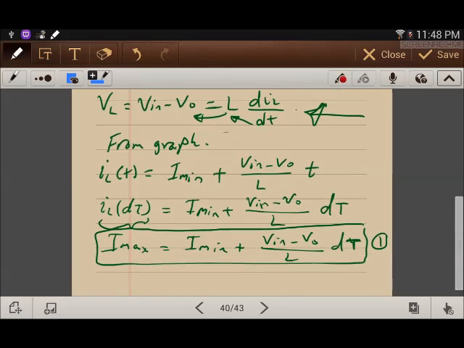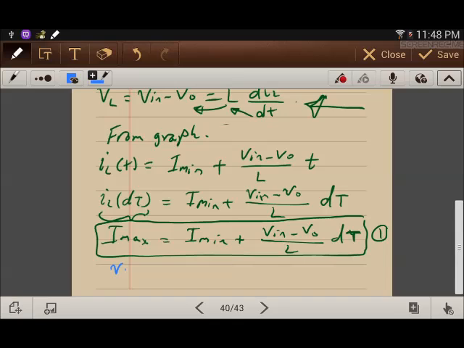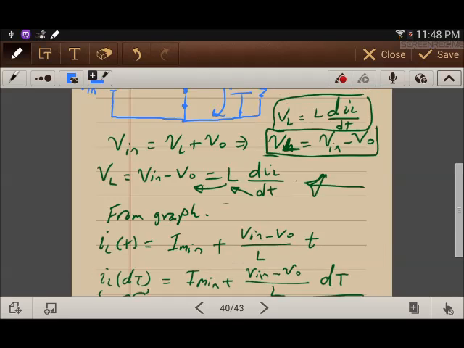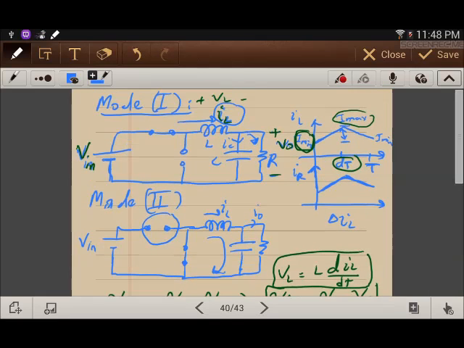I can say (V in minus V out) divided by L is equal to dIL, which is the maximum value minus the minimum value, divided by the time DT minus 0.